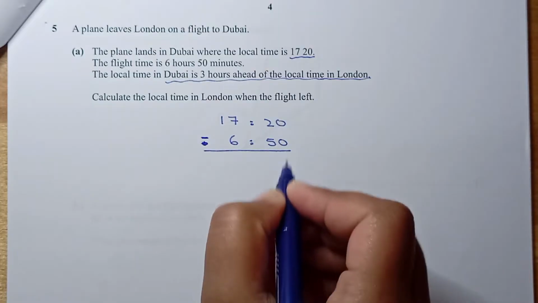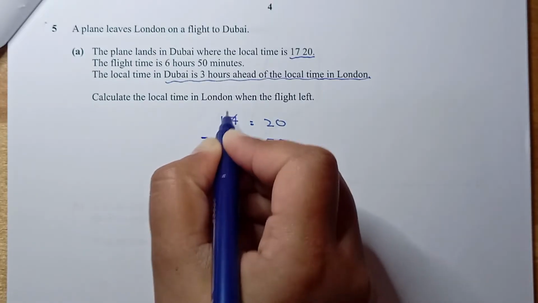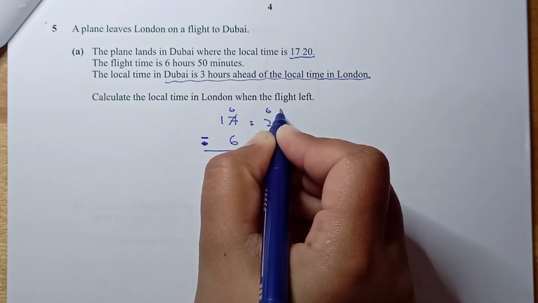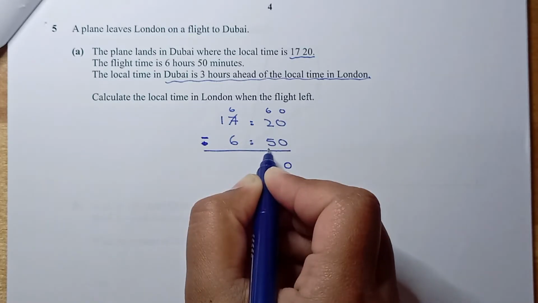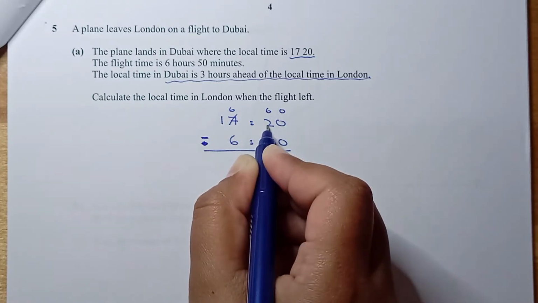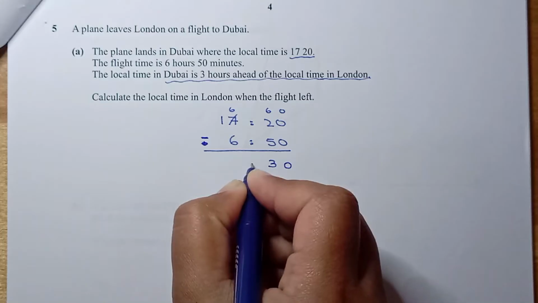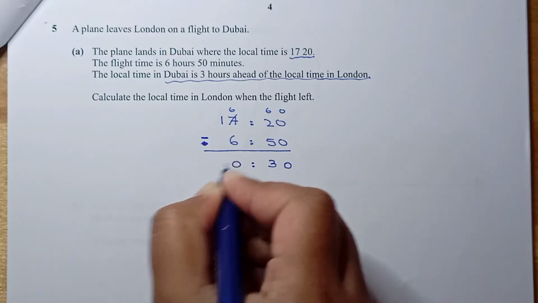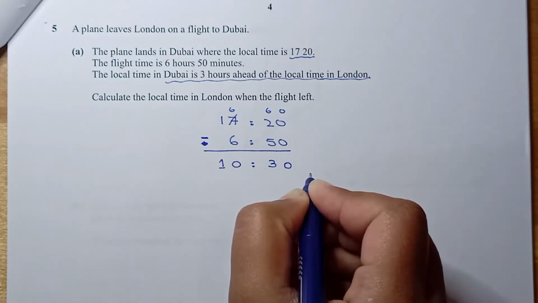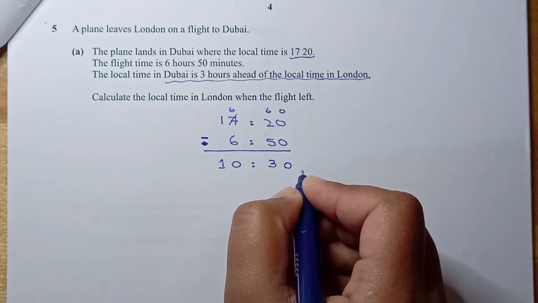Okay, so 0 subtract 0 would be 0. We have 6 over here and 60. So we have 6 subtract 5 is 1, and 1 plus 2 would be 3. And 6 subtract 6 would be 0 and 1. So at 10:30, the plane left Dubai.